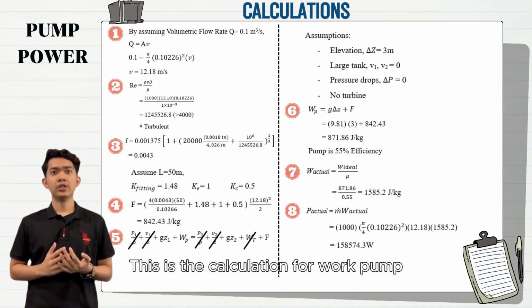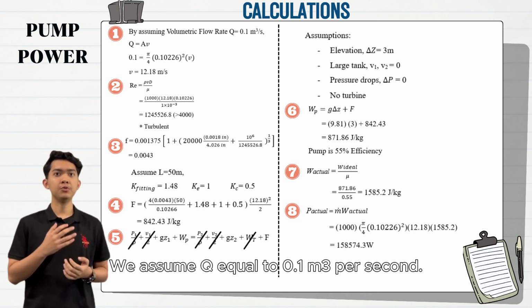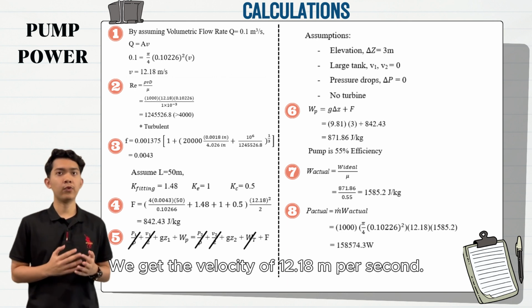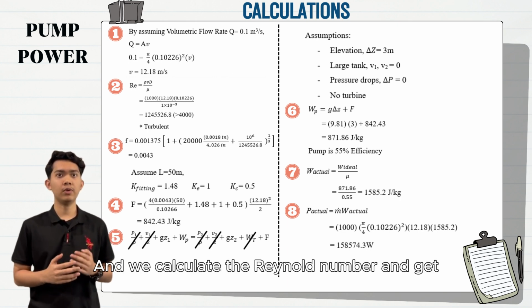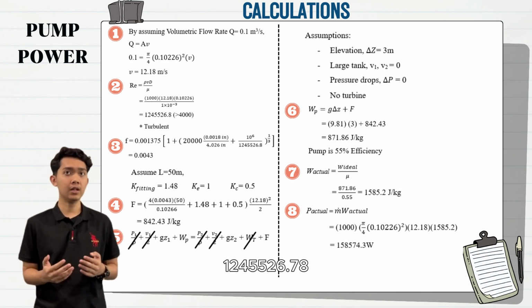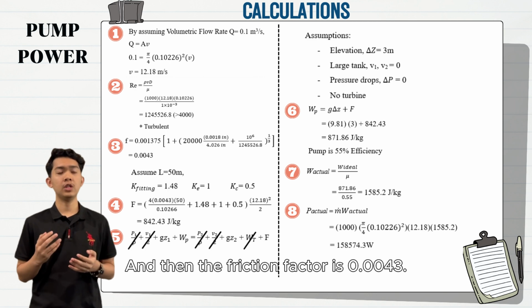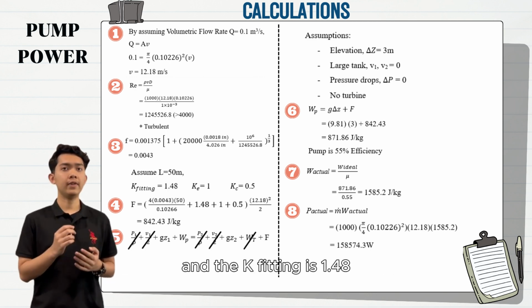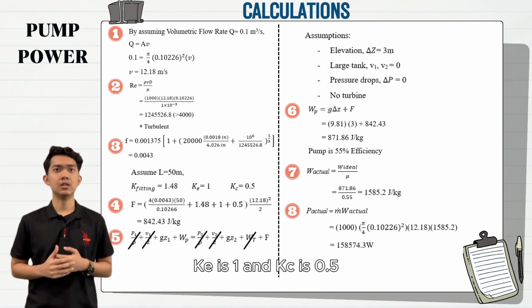This is the calculation for a work pump that is located 3 meters from the ground. We assume Q equal to 0.1 meter cube per second. We get the velocity of 12.18 meter per second, and we calculate the Reynolds number and get 1245526.78, which is turbulent. And then the friction factor is 0.0043 because we have two 90-degree standard elbows and the K fitting is 1.48. KE is 1 and KC is 0.5.